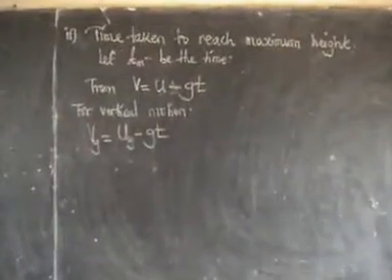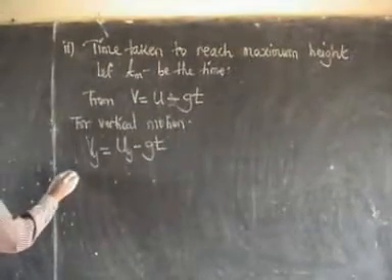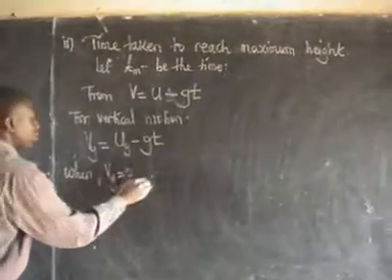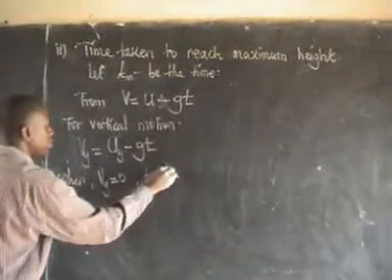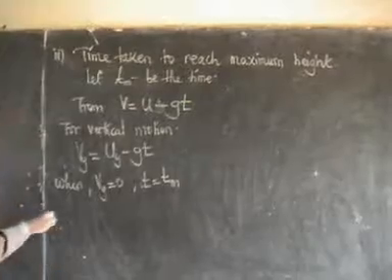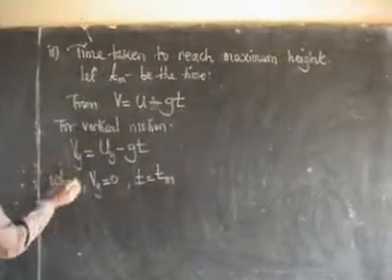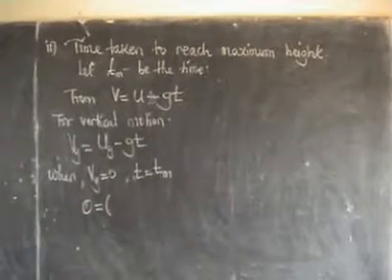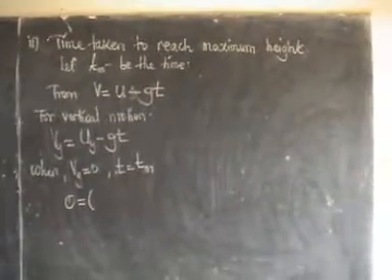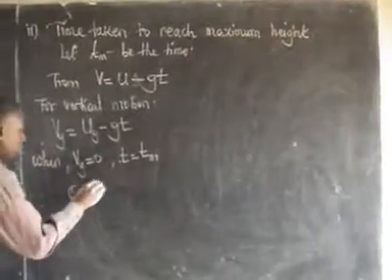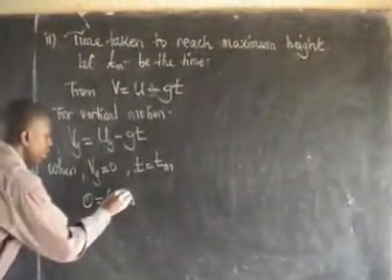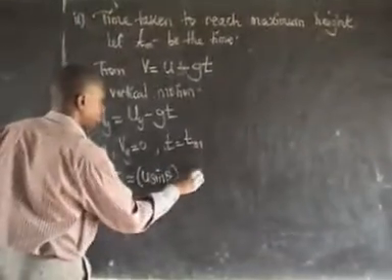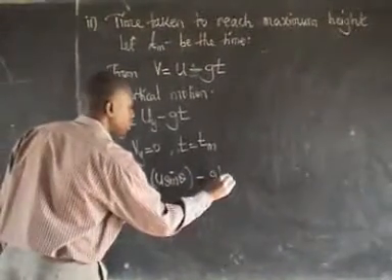Now when vy is equal to 0, then this t will be equal to tm. So putting vy as 0, that's the condition. Our uy, remember, is the vertical component, which is u sin theta, minus g tm.